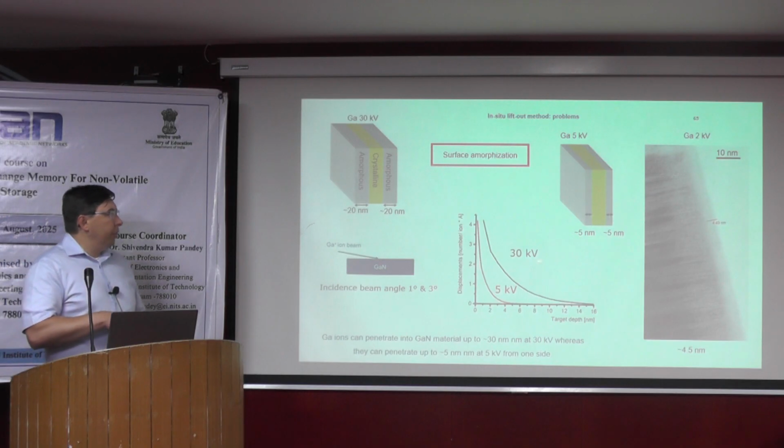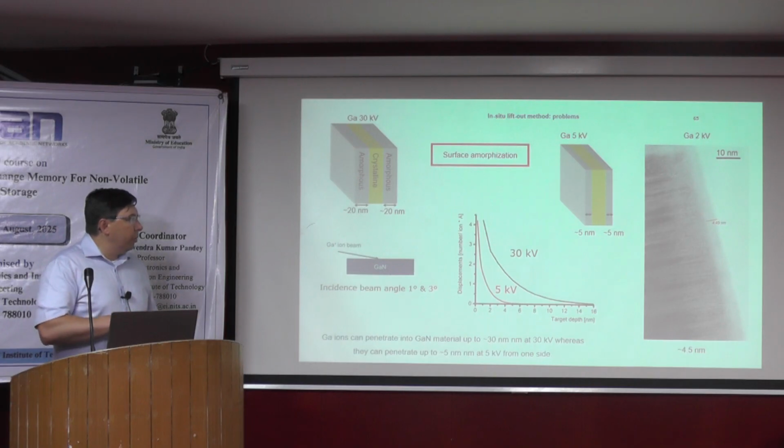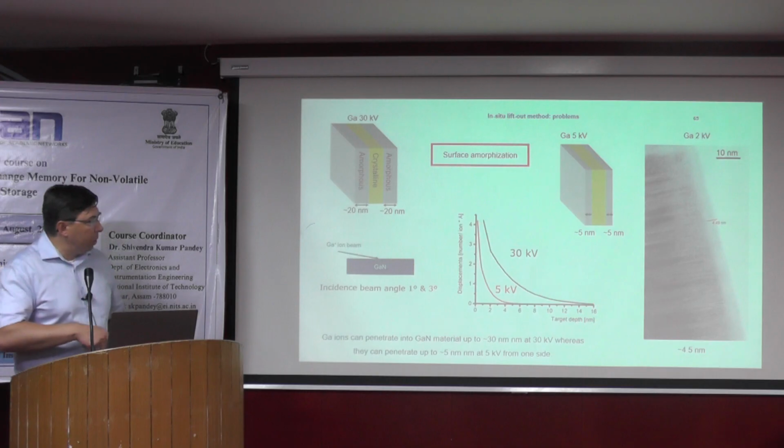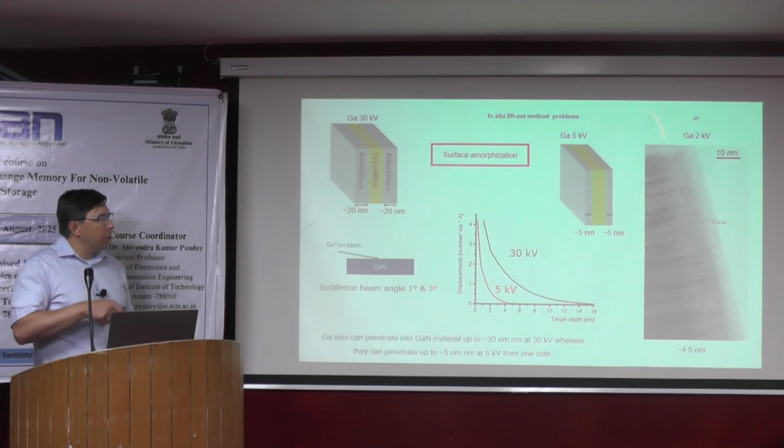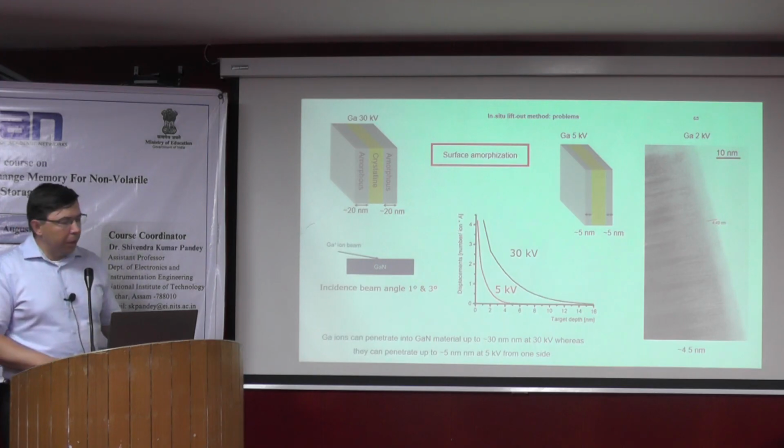If you use 13 kV, we can see that the ions can go to large distances, more than 16 nanometers. And if we reduce the voltage, then the ions can go up to maybe 5 nanometers.